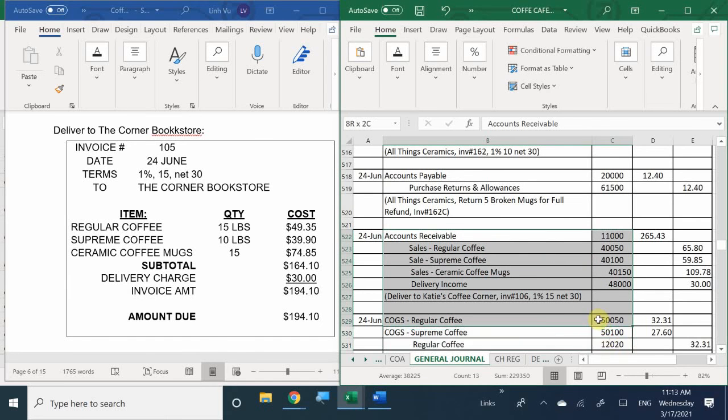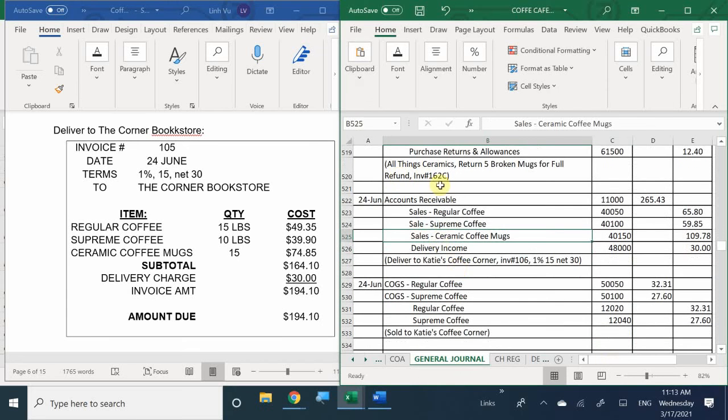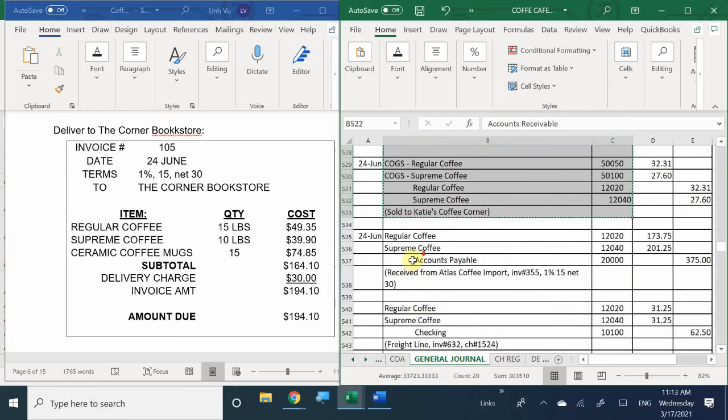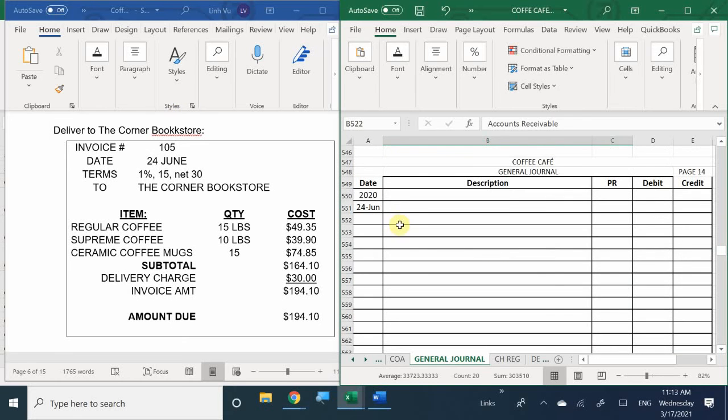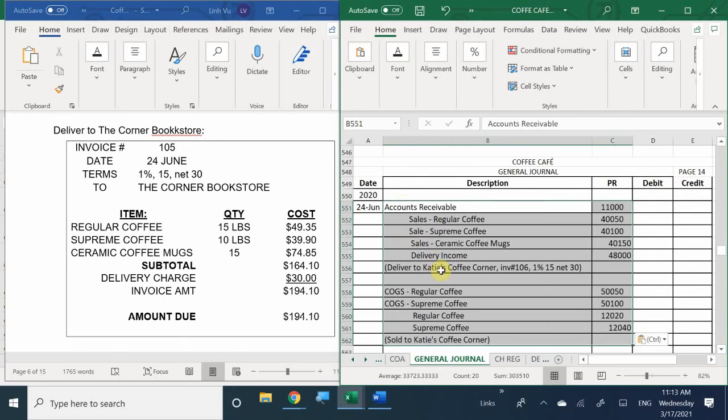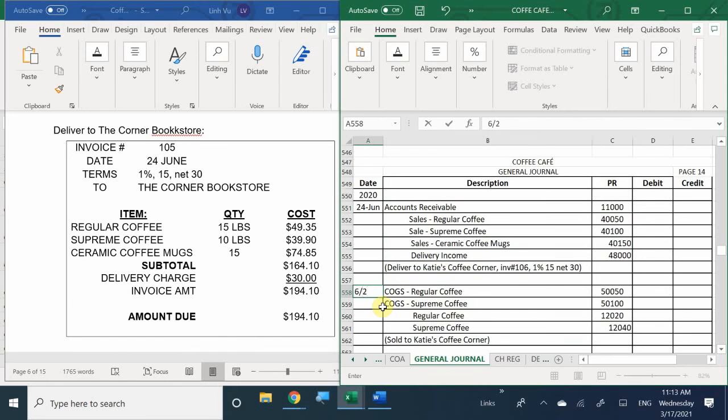And hopefully it will copy everything. There you go. Just a few minor changes here.